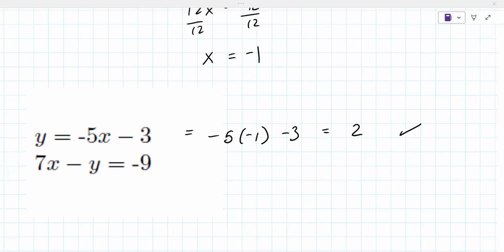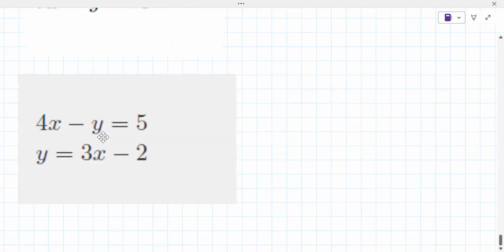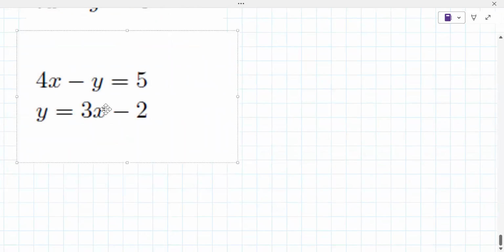Again, it's the same thing. Make sure you go through all those steps like we've been doing, but go ahead and give this a try, and I'll be right back in 30 seconds or less if you have questions.